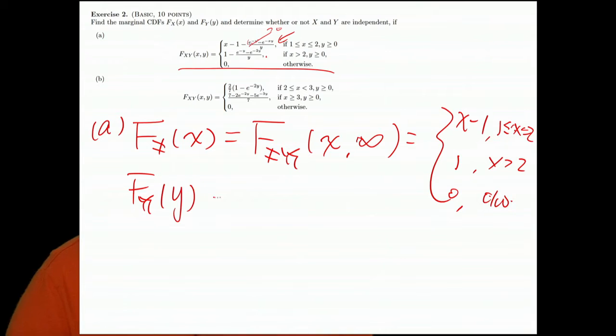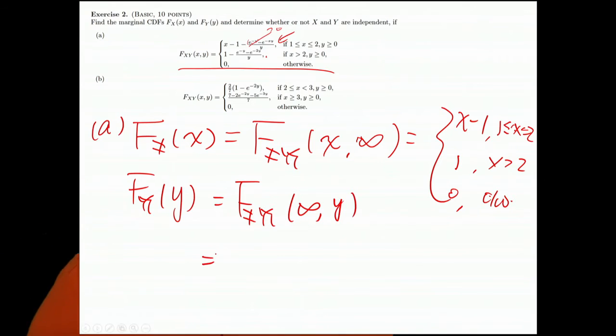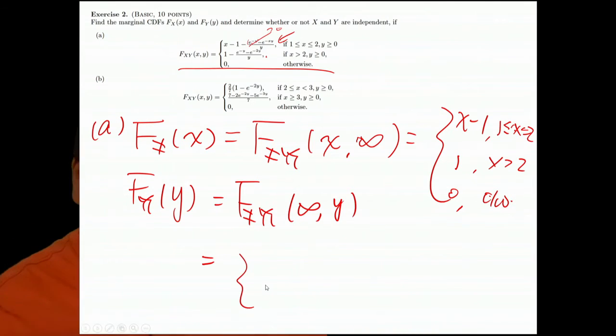For the marginal CDF of y, we let x go to infinity.